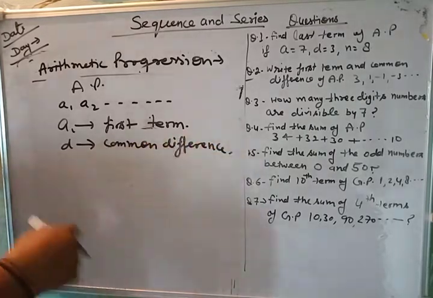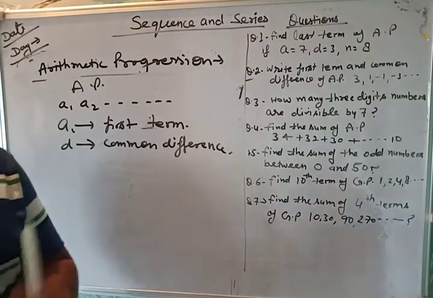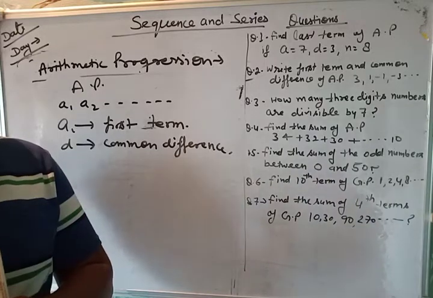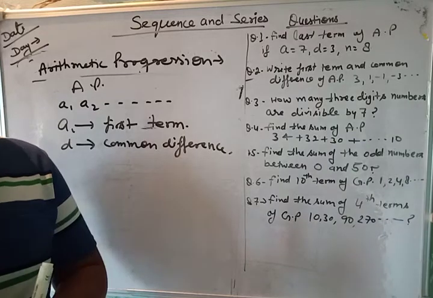The other way we can define an arithmetic progression: a series that has an equal common difference between all consecutive terms is called an arithmetic progression.